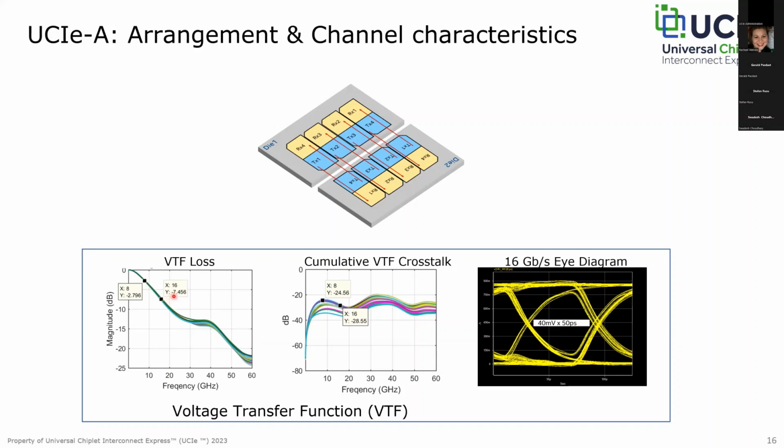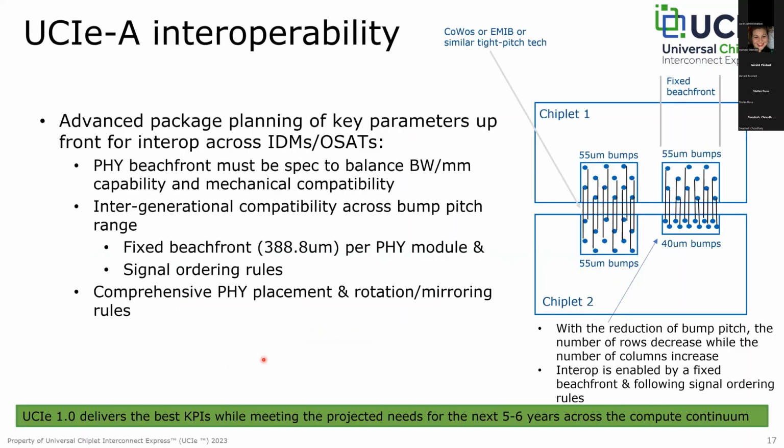At 32 GT/s, you'd have about 7.5 dB insertion loss. Not too different from the standard package version. Crosstalk at 8 gigahertz Nyquist, you have about 25 dB suppression, and at 16 gigahertz or at 32 GT/s, it's about 28.5 dB. This is the final foil I have for you before I hand it over to Stefan.